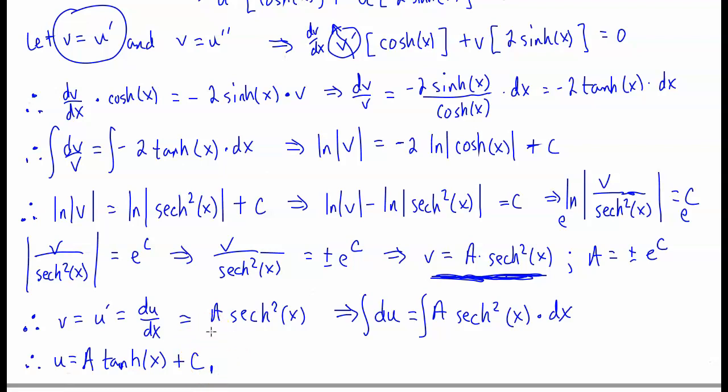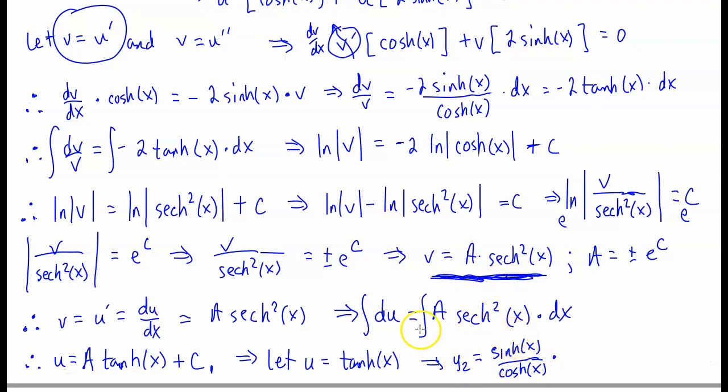And so that is essentially what u is, but we're going to say for simplicity, let u equal tanh of x. And so this is going to imply here that our y sub 2 is just going to be tanh of x, which I'm going to write as sinh of x over cosh of x times y1.